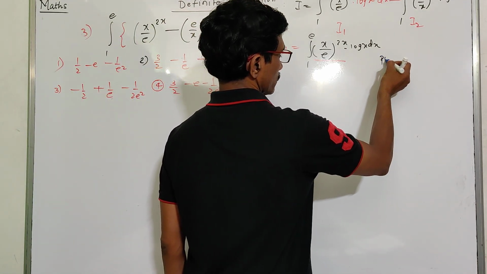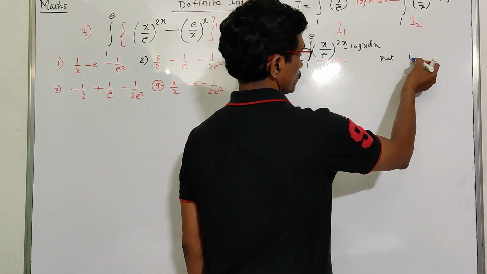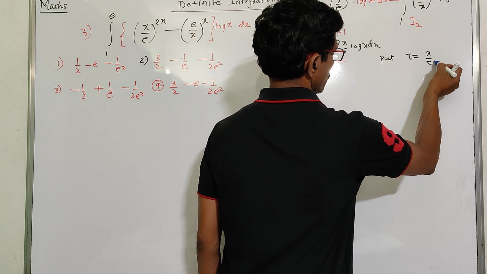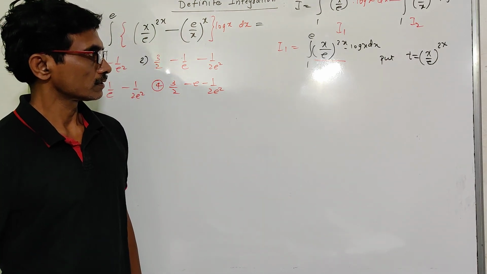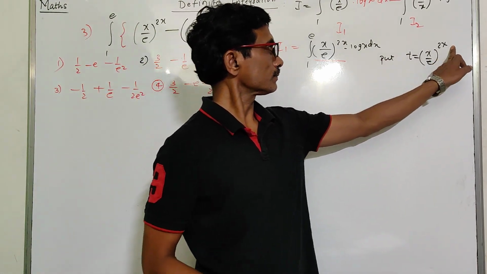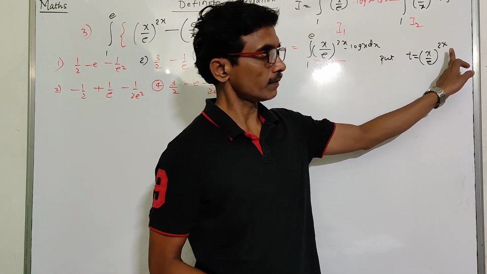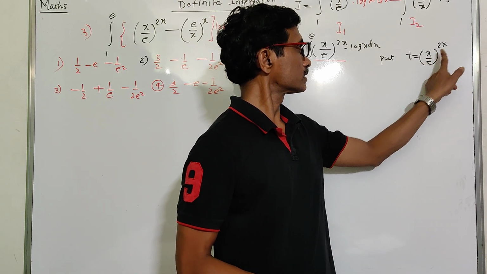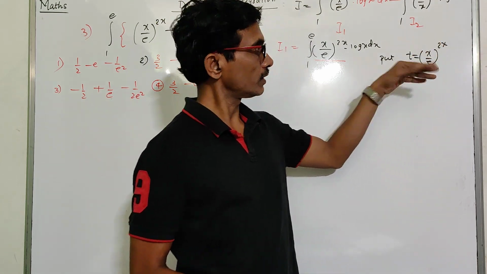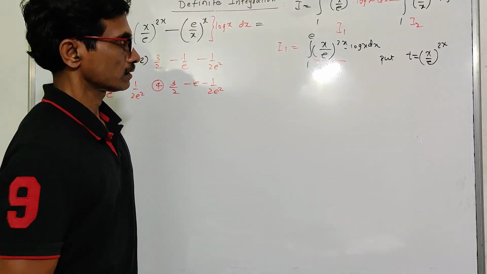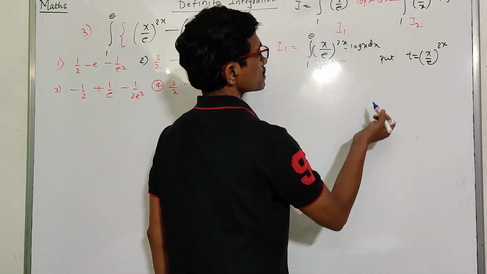So put t is equal to x upon e raised to power 2x. Here it is in the exponential form, that function raised to power function. So wherever function raised to power function, we use logarithmic differentiation. So we take log of both sides.